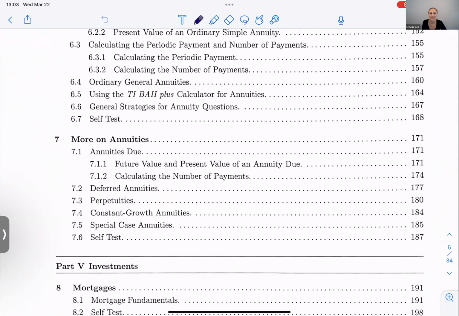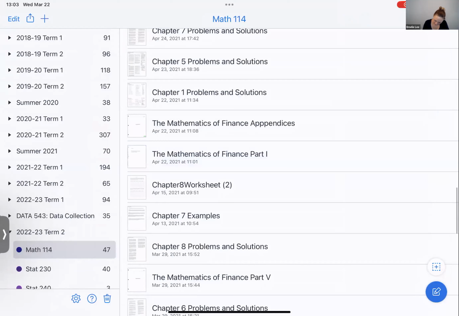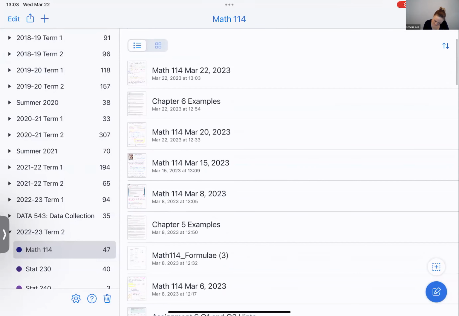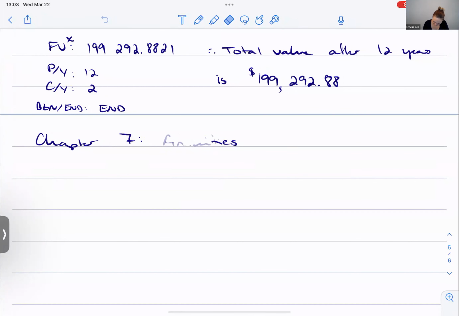I knew it. More on annuities. I knew it was something ridiculous like that. More on annuities.